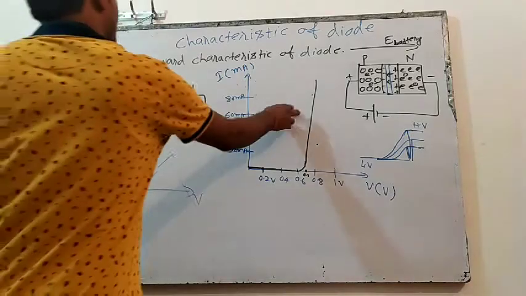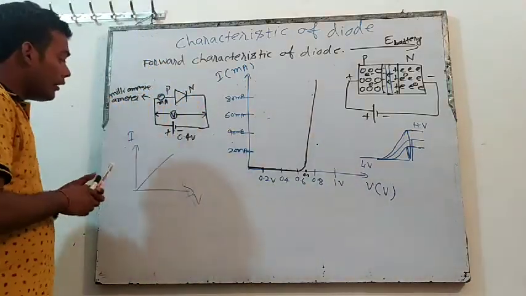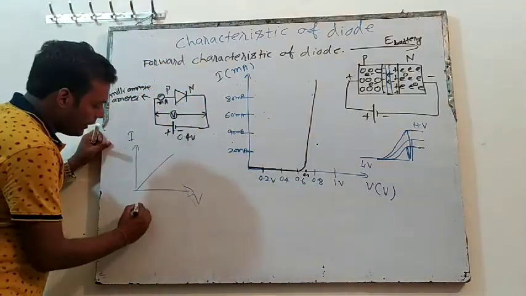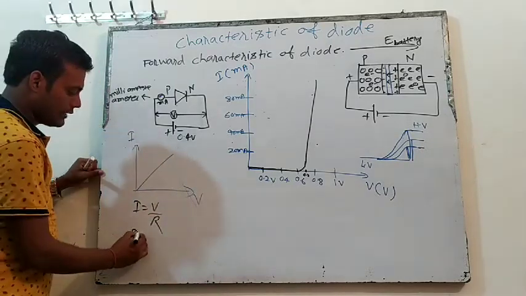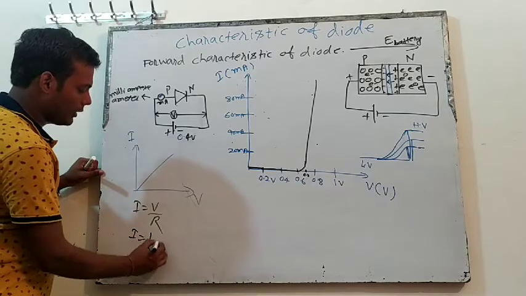But is it a straight line here? No. So I is equal to V by R, and this can be written as I is equal to 1 by R into V.